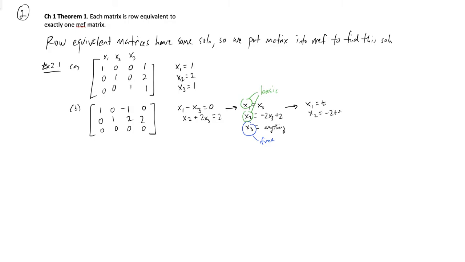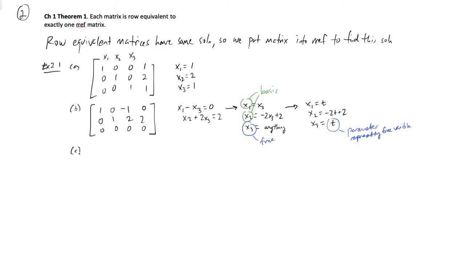And we'll talk more about this later. But t is our parameter here. Let's use blue. t is our parameter representing our free variable. And this allows us to put this in vector form. We'll talk more about that later.